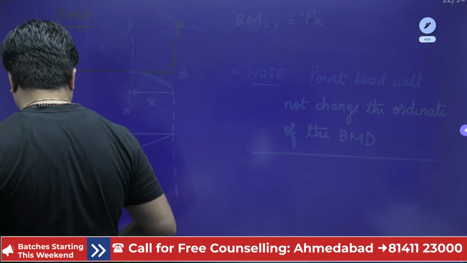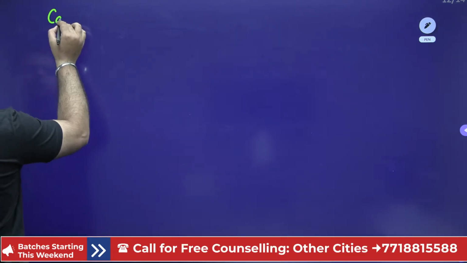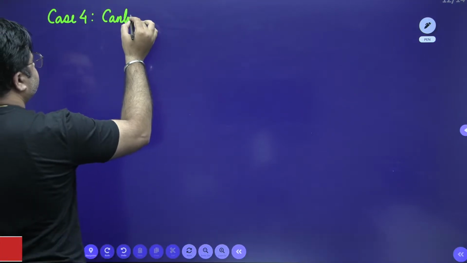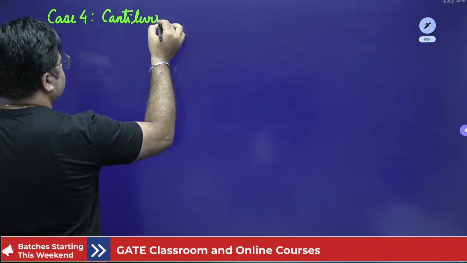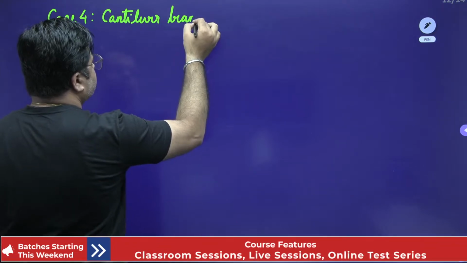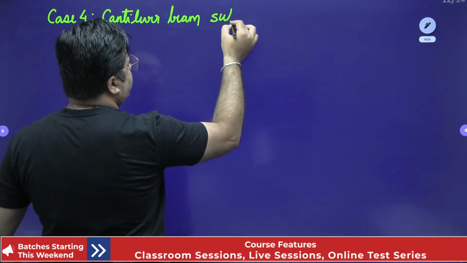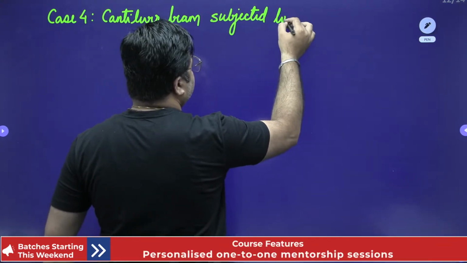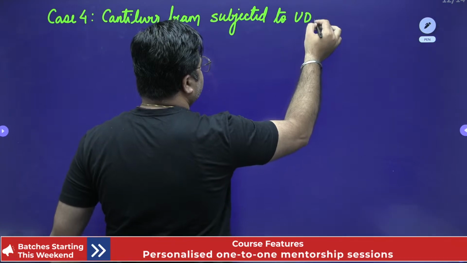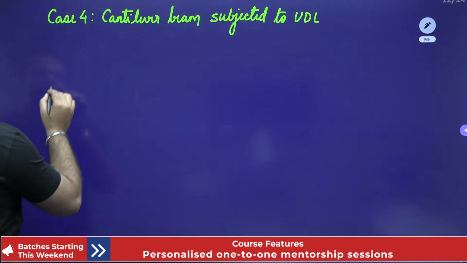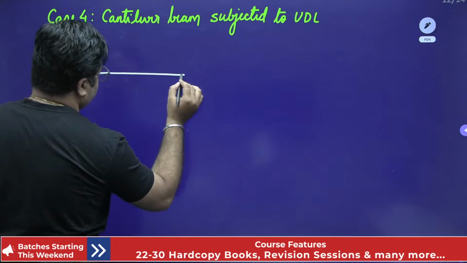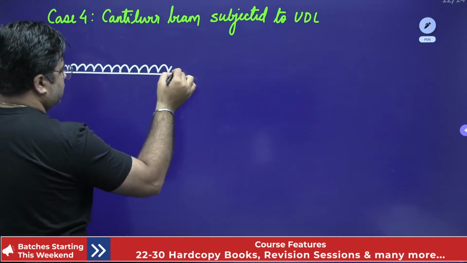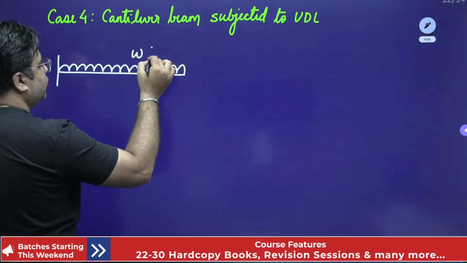So the last case, case 4, is a cantilever beam subjected to UDL. So this is W kilonewton per meter.